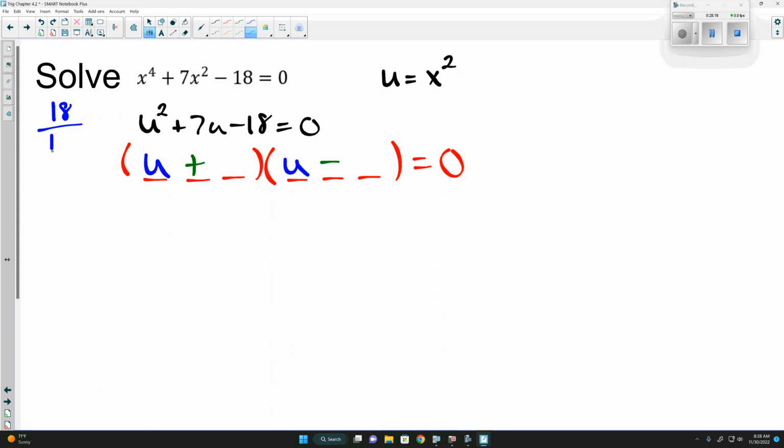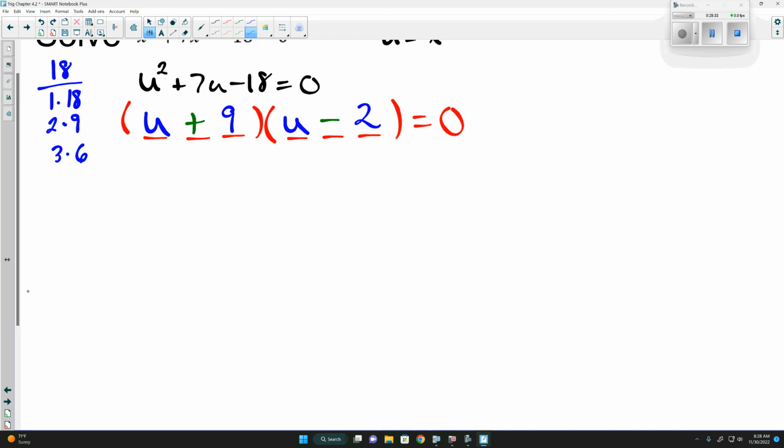Now the factors of 18 are 1 and 18, 2 and 9, 3 and 6. 2 and 9, and the 9 would be positive, and the 2 would be negative. Which is really telling us that u plus 9 is equal to 0, and u minus 2 is 0.